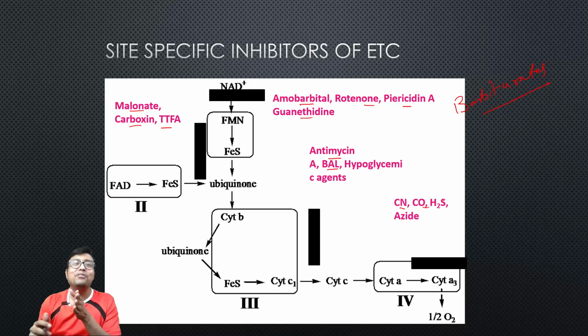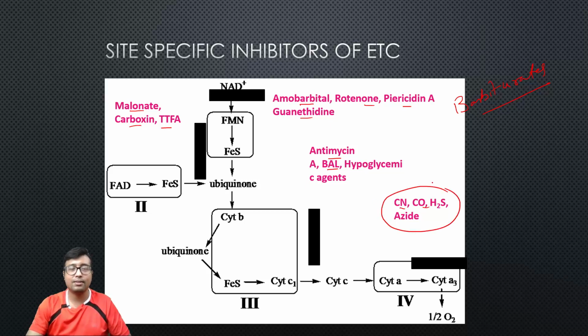Now, if you are asked which is the most poisonous compound on earth, for human beings and living organisms, the answer lies here in complex 4. No, it is not cyanide.